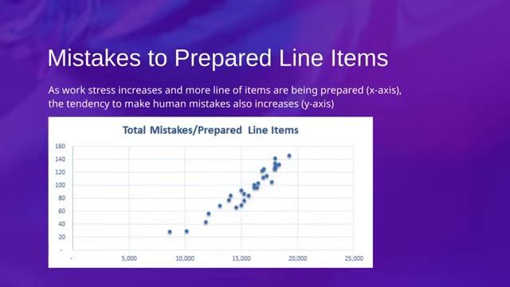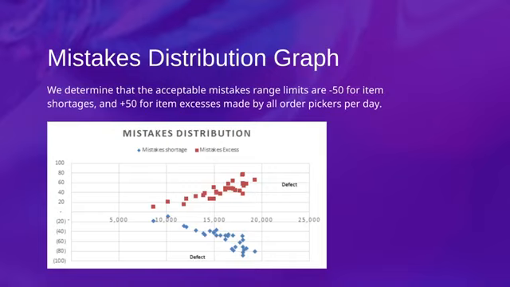This is, of course, the mistakes to prepared line of items ratio. As we can see, as the work pressure gets high, the laborers tend to make more order mistakes. It's a human error. It's a natural process. This is the distribution graph, which shows the distribution of shortage and order mistakes.